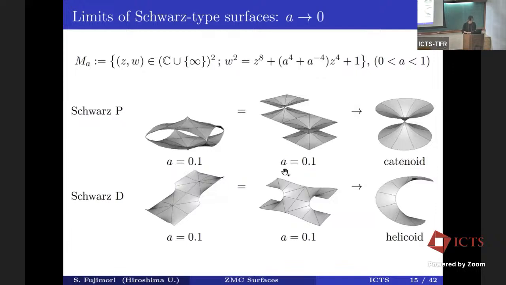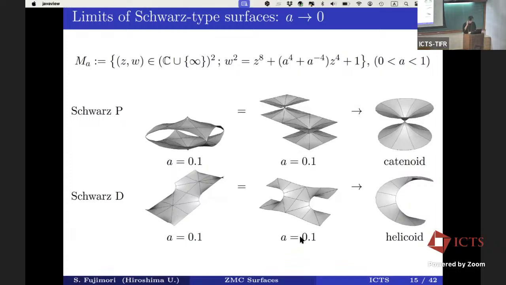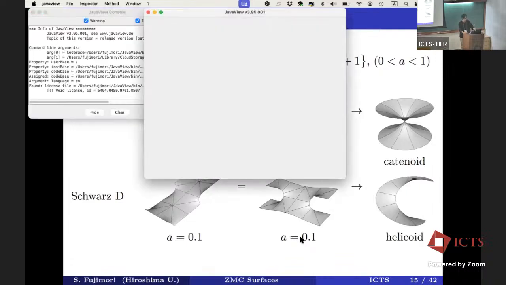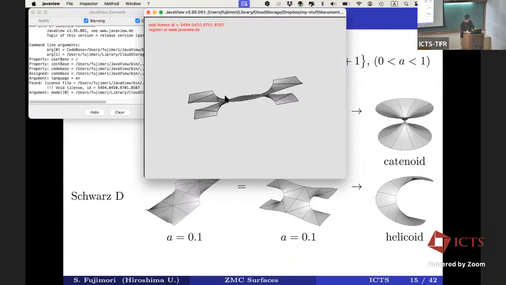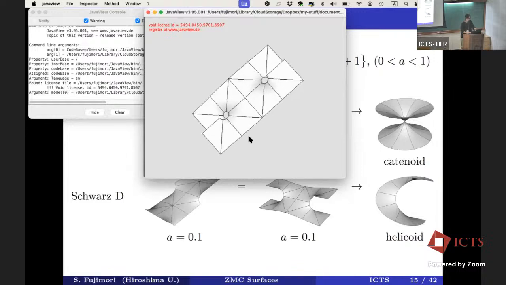And also the Schwarz D case. This surface is exactly the same as this surface after a suitable translation, and the surface looks like this.